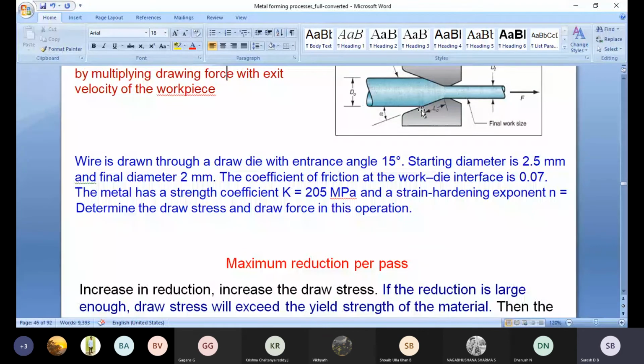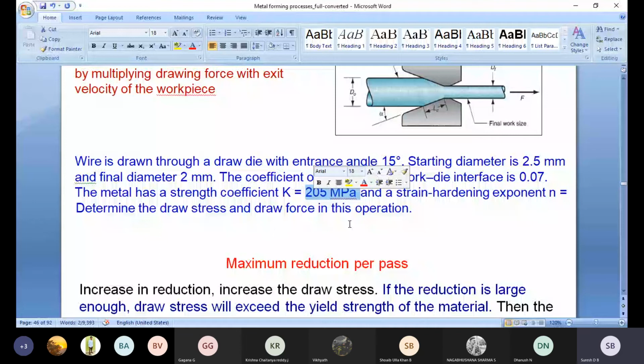The metal has a strength coefficient K equals 205 MPa, or 205 Newton per mm square. Then the hardening exponent N equals... Determine the draw stress and draw force in the operation.